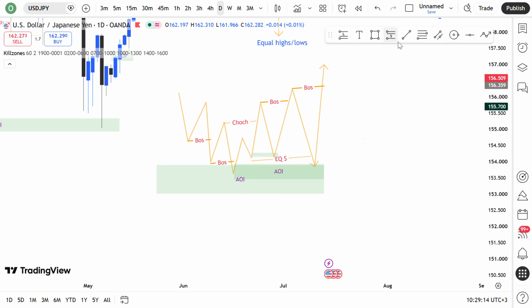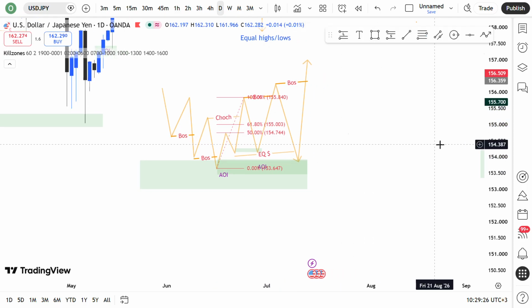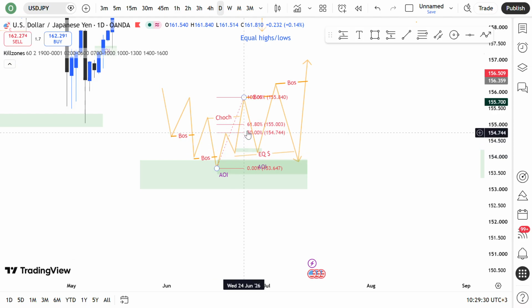Remember, we are dealing with this range, the range that gave us a change of character after the price mitigated our key zone from the higher time frame.